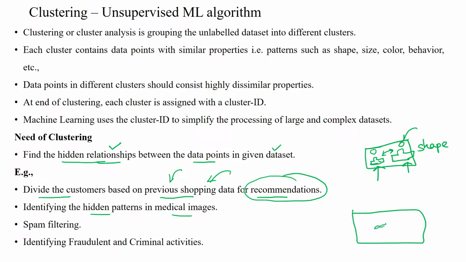Here it may be the diseased or affected cell, and the good, normal cells will also be available, so it can identify the normal cells and the diseased, affected, or damaged cells by using the similar pattern.